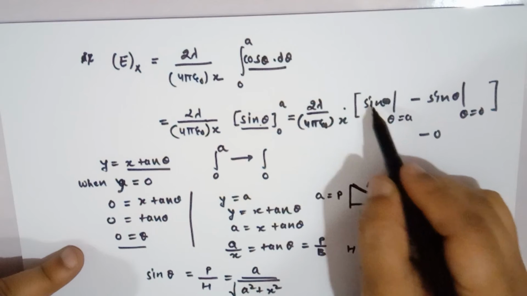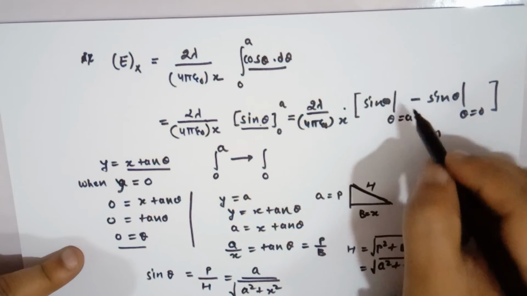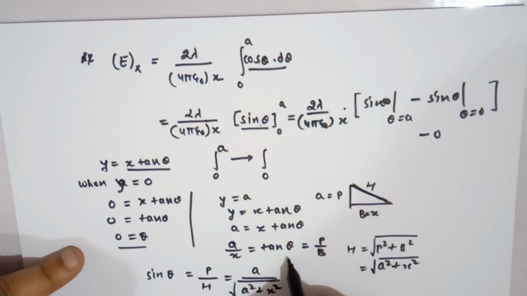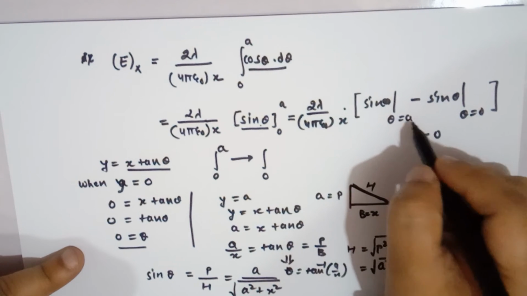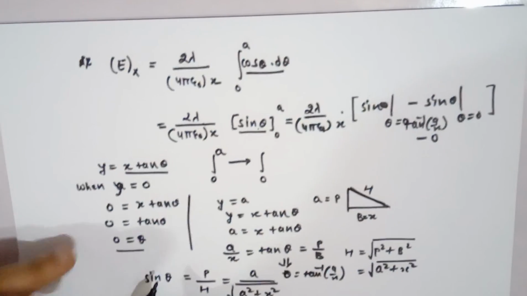But for the upper limit, theta is not a; theta is this angle, so theta would be tan inverse of a upon x. We'll do it separately now.